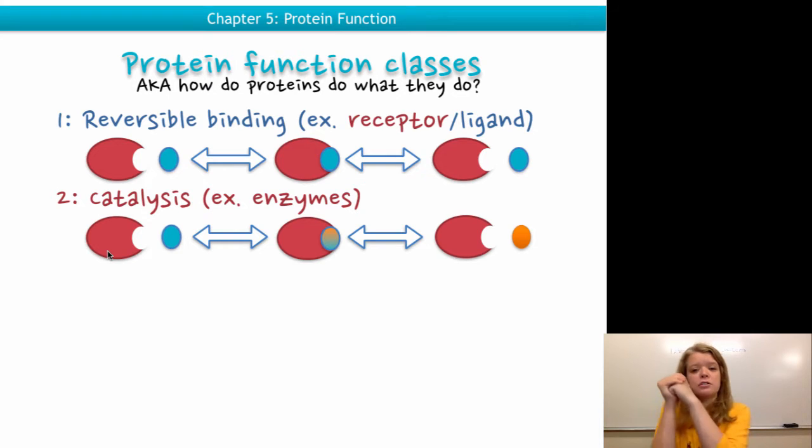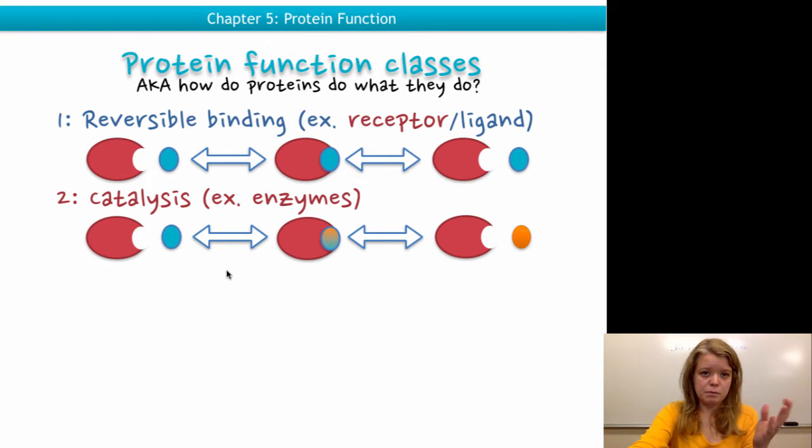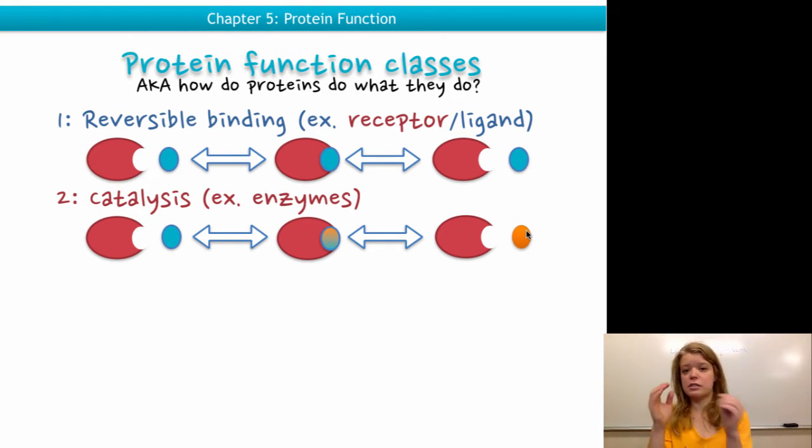But unlike just reversible binding, the enzyme is also capable of changing the substrate from blue to orange. And most enzymes, unless ATP has been used or other tricks have been employed, are also reversible. They are just as happy binding orange and converting it back into blue.